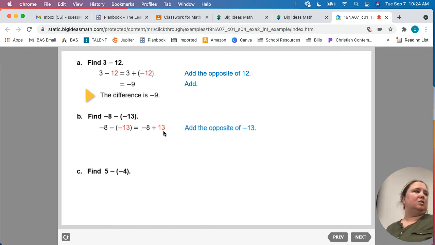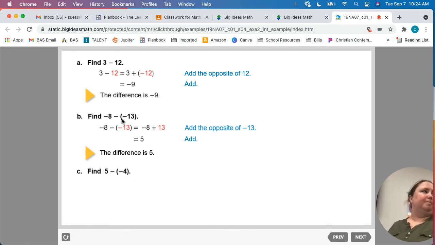Positive, because the 13 is larger. So you could effectively go, what's 13 minus 8? Positive 5. So the difference of these two is 5. Why do I say difference even though I pretty much added? Because the original is a subtraction problem. Very good.